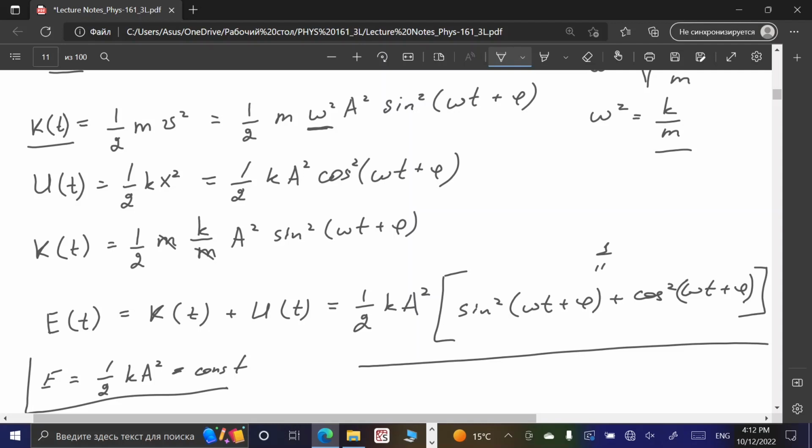So maximum value of this potential energy will be when cosine will reach its maximum value of unity, means that total mechanical energy is equal to maximum potential energy of the system. So defined by the properties of the spring, its spring coefficient and amplitude, maximum displacement of the block from its equilibrium position.